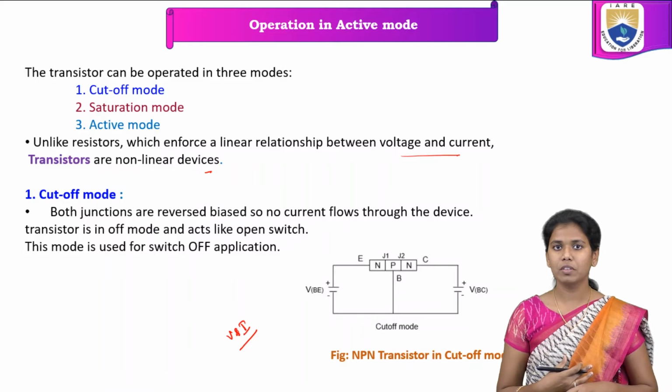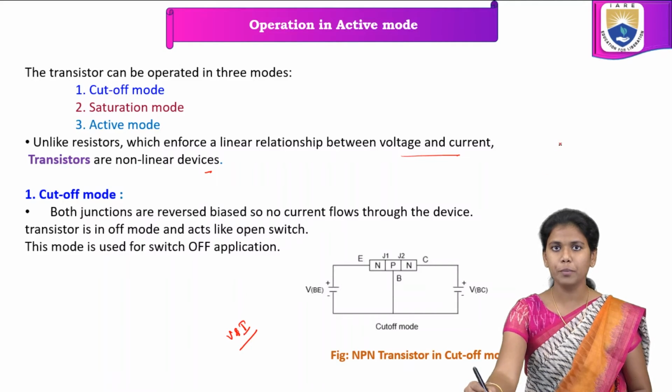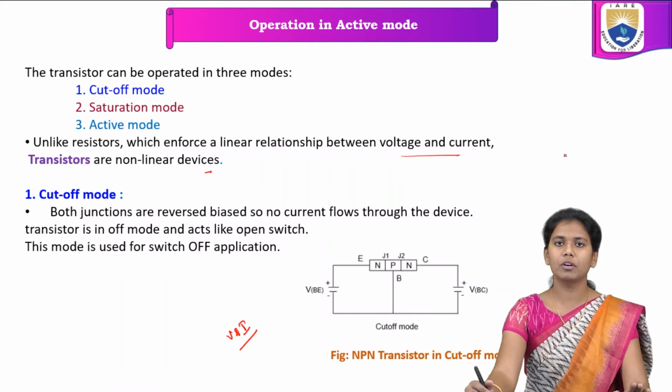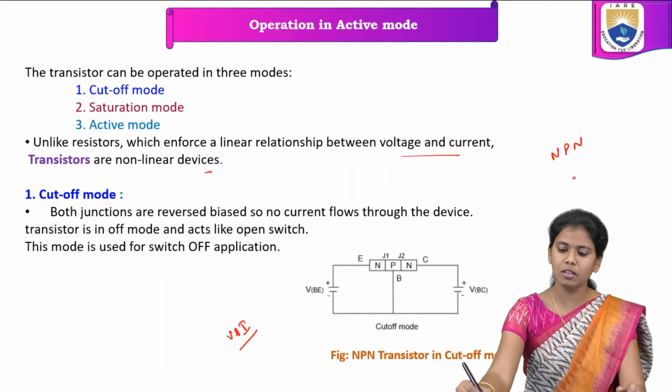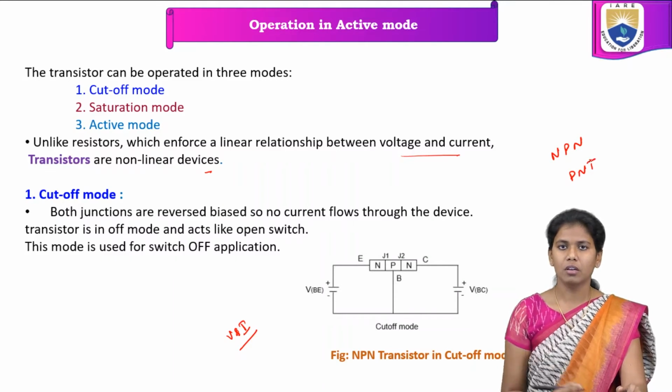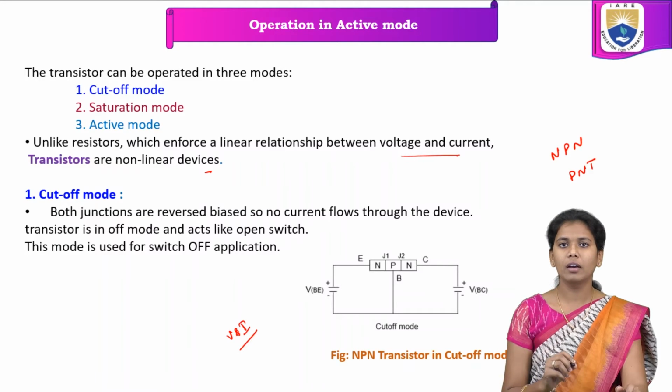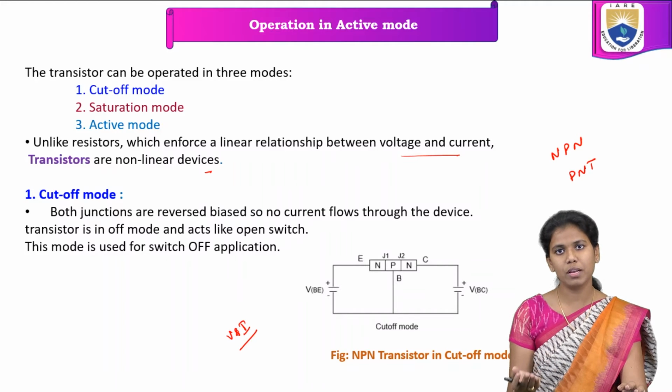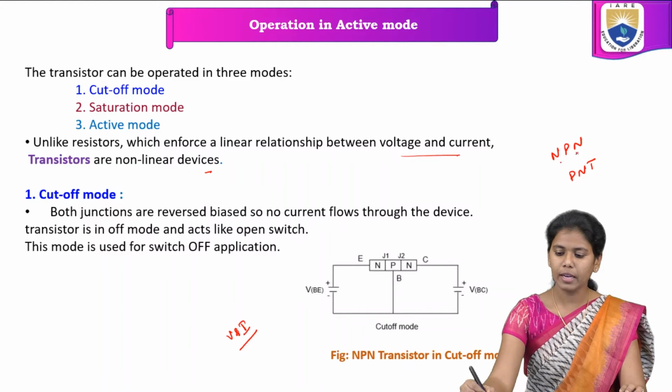In the previous class we discussed what a BJT is and the types of BJT, the NPN transistor and the PNP transistor. The NPN transistor is all about the transmission of holes as well as electrons.